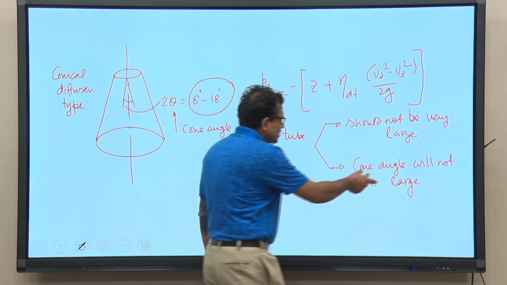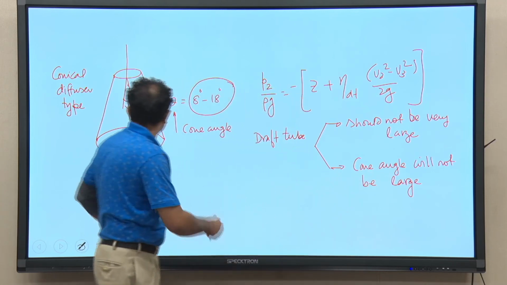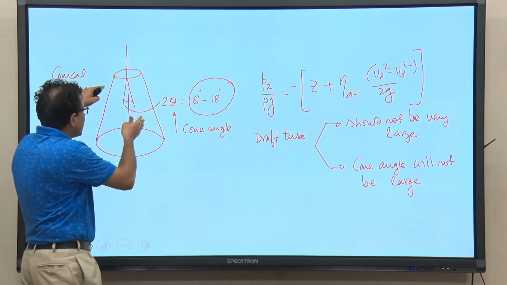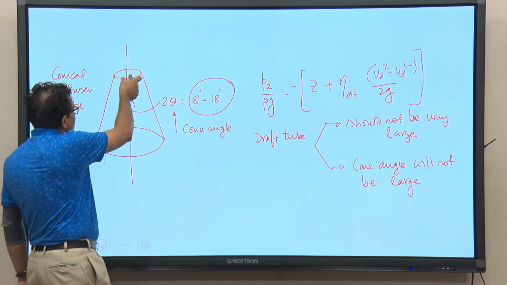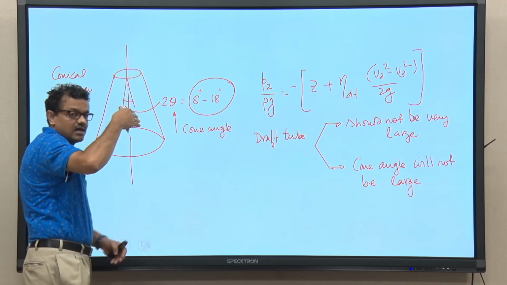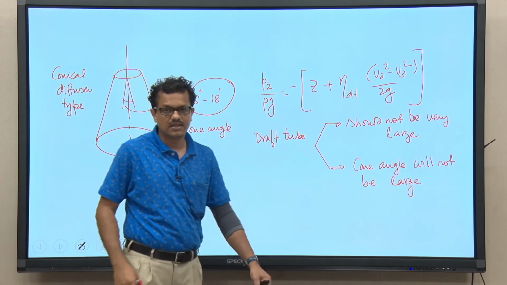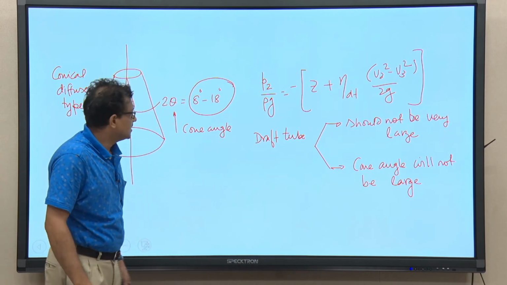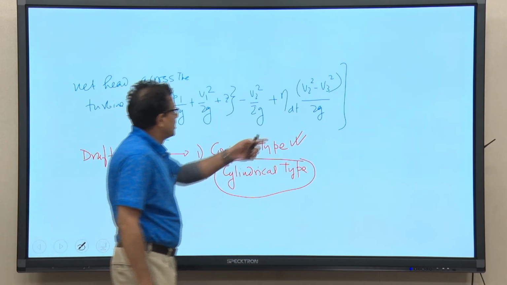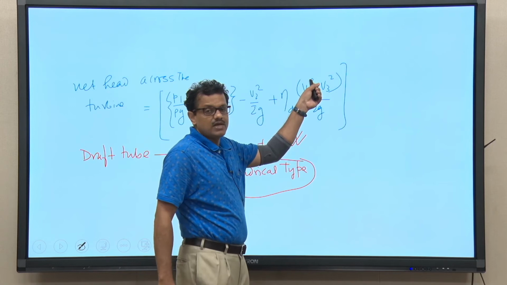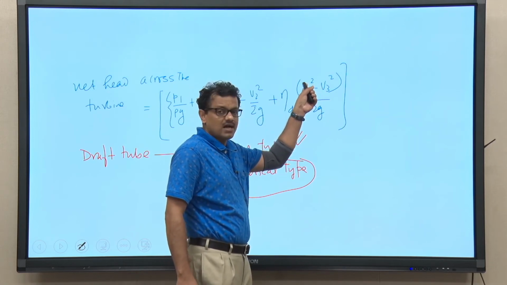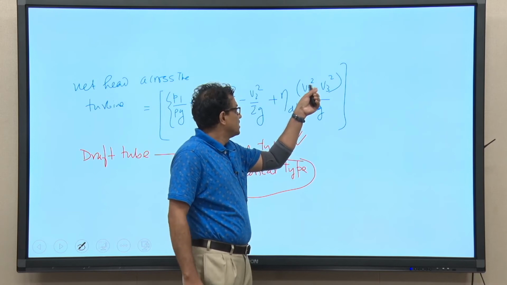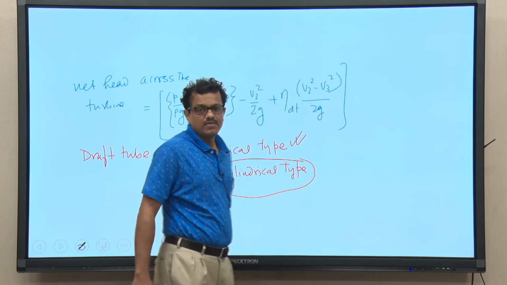Also, the cone angle should not be very large. You know from your fluid mechanics knowledge that our objective is to essentially arrest the velocity head, so that this fellow will be reduced. V2 is very large, so this quantity should be very large.